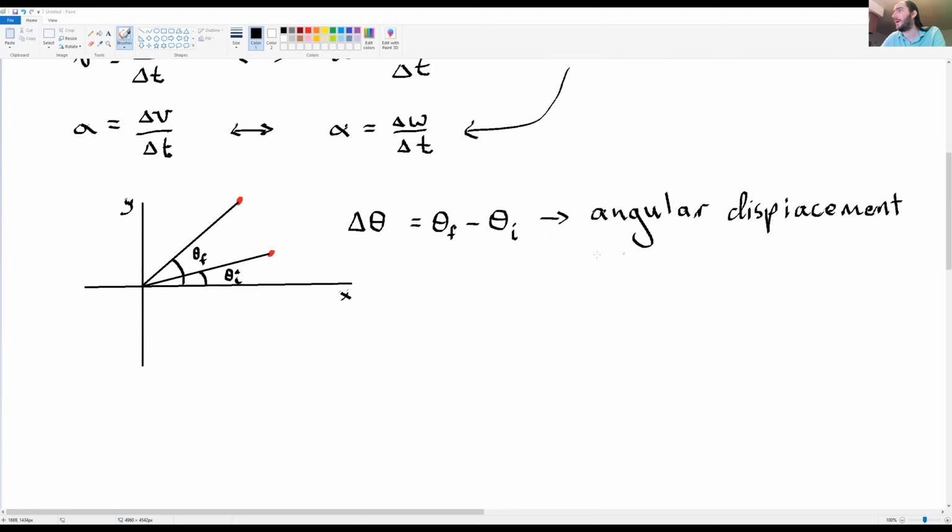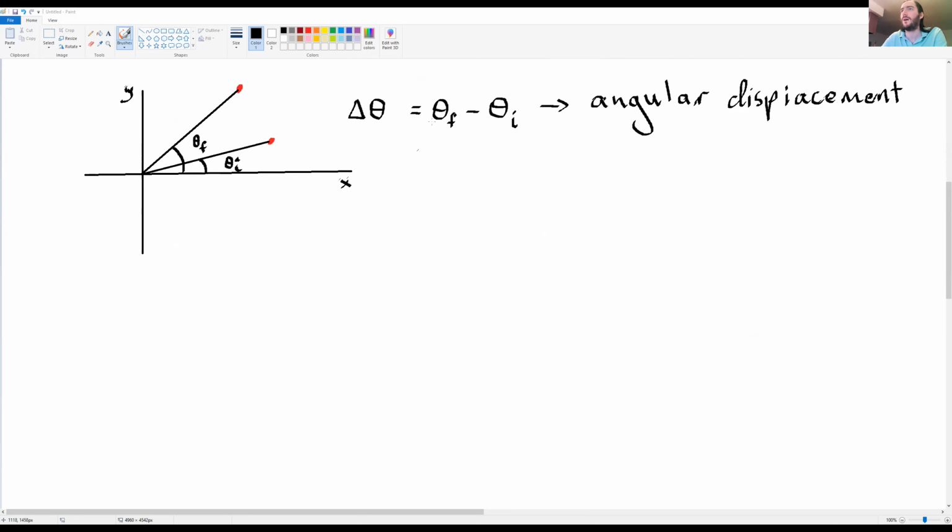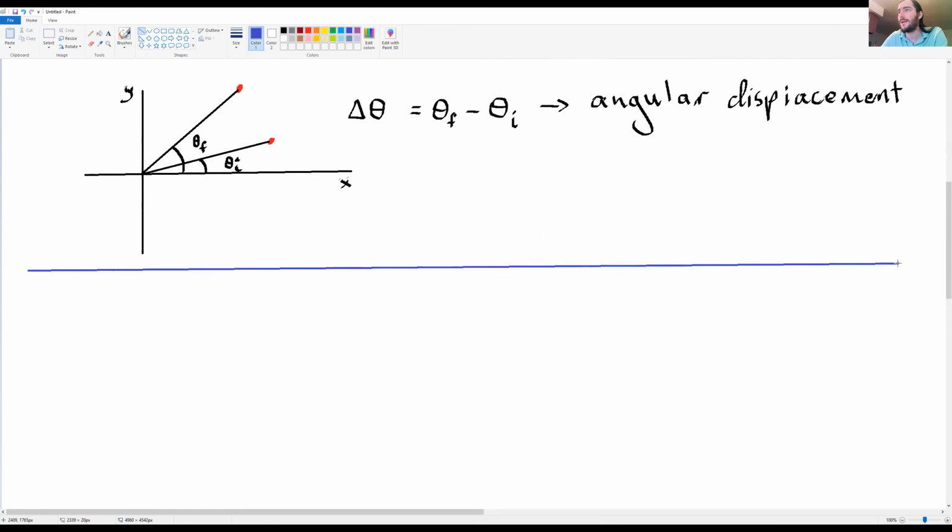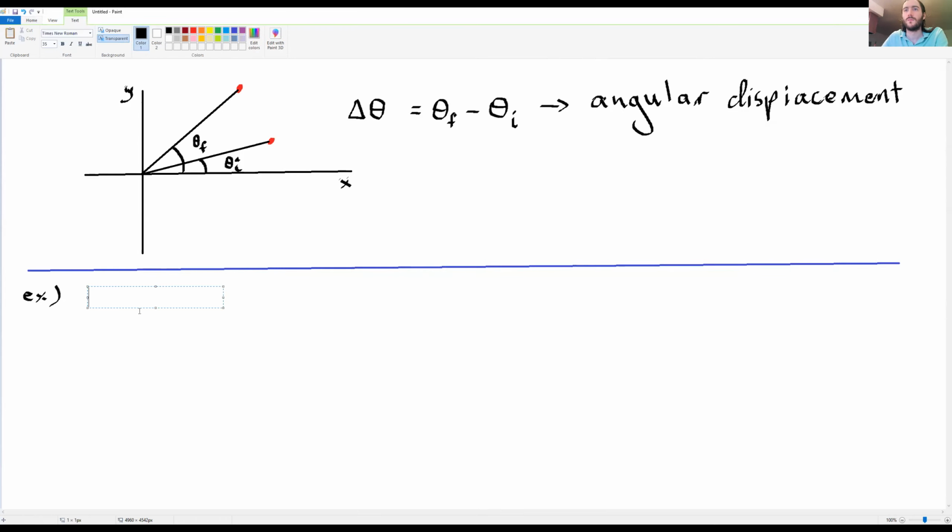Okay, and I have an example right here. Let me leave that there for a second so you guys have some time to copy it down. I'm going to go ahead and type out the example here.